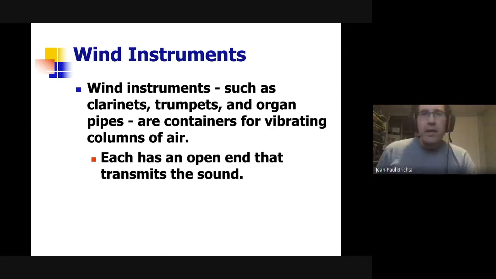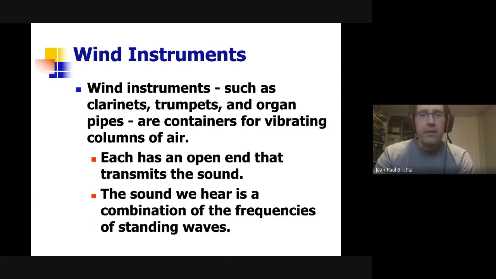Of course, you can't really have an instrument without some kind of open end where the sound can come out. And usually in a real instrument, you don't just get a single sound, you actually get multiple sounds with one dominant one.